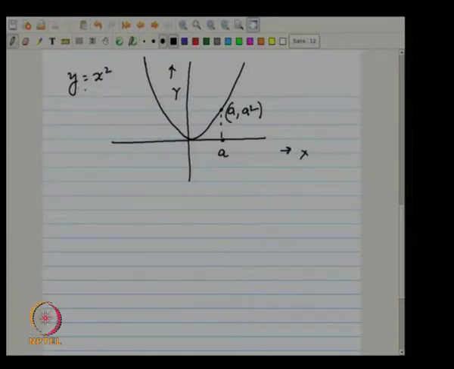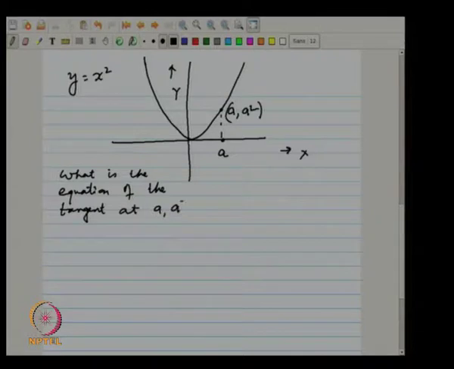Now, this particular parabola, what is the equation of the tangent at A square? Can you work on it quickly?